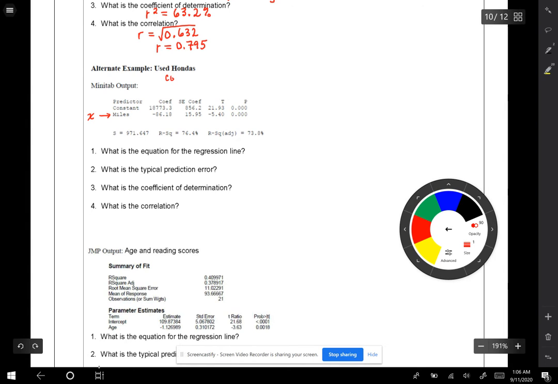Cost, remember, was Y. So it would be predicted cost is equal to the y-intercept plus, which is going to be a minus, 86.18 times the miles driven.